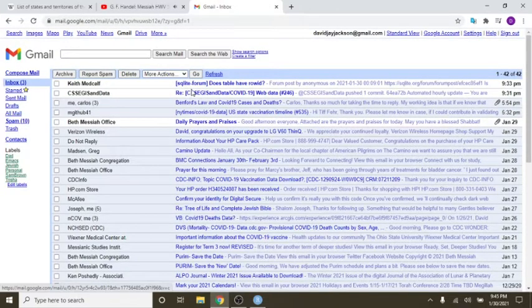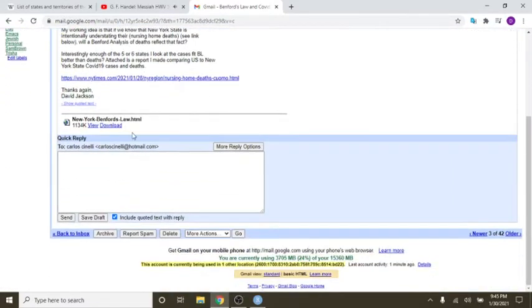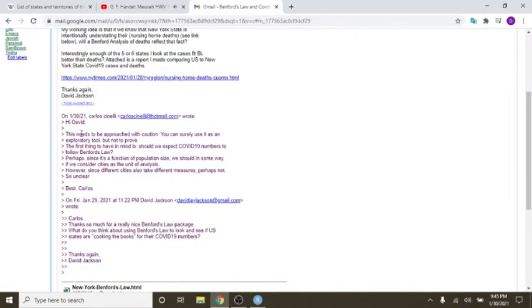Let's see some of that for the test. Here we go. This needs to be approached with caution. You can use it as an exploratory tool, but not to prove.